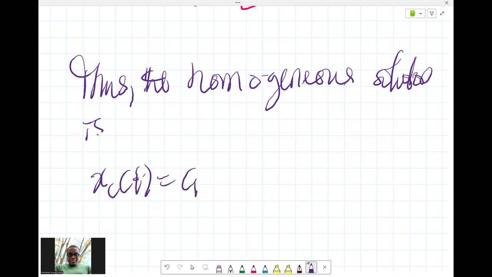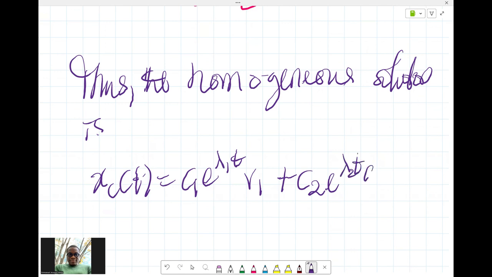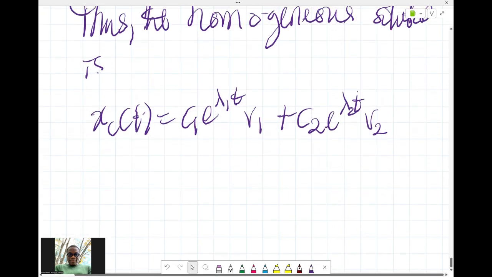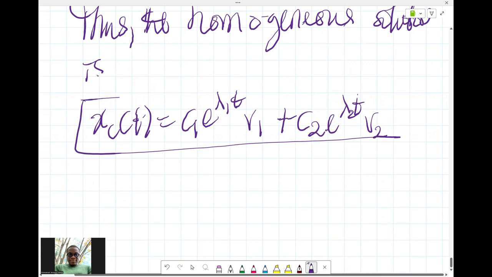So this is c1 e raised to power lambda 1 t multiplied by the first eigenvector plus c2 e raised to power lambda 2t multiplied by the second eigenvector, which is v2. So this is what it should look like here.